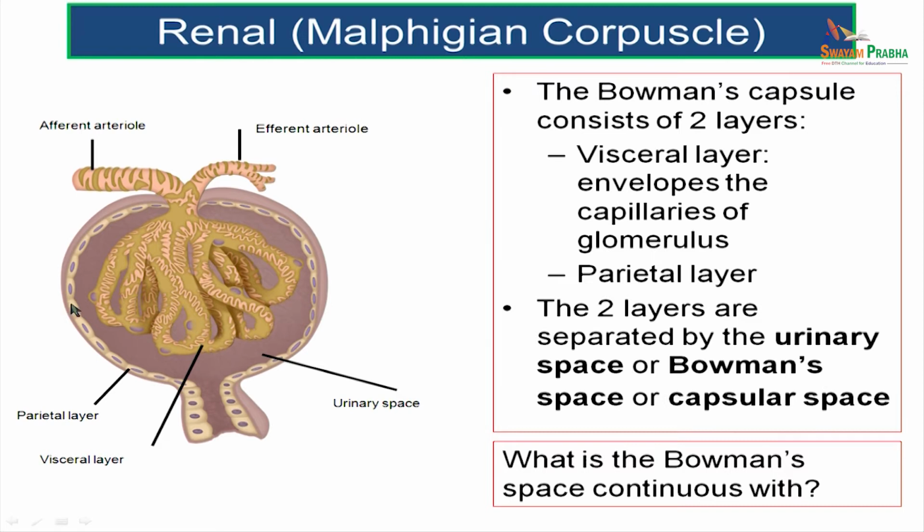There is a space between these two layers that is called as urinary space, what I am pointing out, or it is also called as Bowman's space or capsular space. What is this Bowman space continuous with? You can see from this diagram that the Bowman space is continuous with the lumen of proximal convoluted tubule.